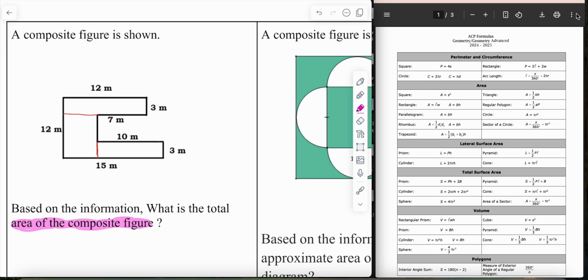So I'm gonna just use 3 different colors just to differentiate. So this right here would be one of my rectangles. So I'm gonna color this. And in your exam, you may not have colors, but you probably could number it like rectangle 1, rectangle 2, rectangle 3, or you could even use letters and name them. All right, so that's one rectangle.